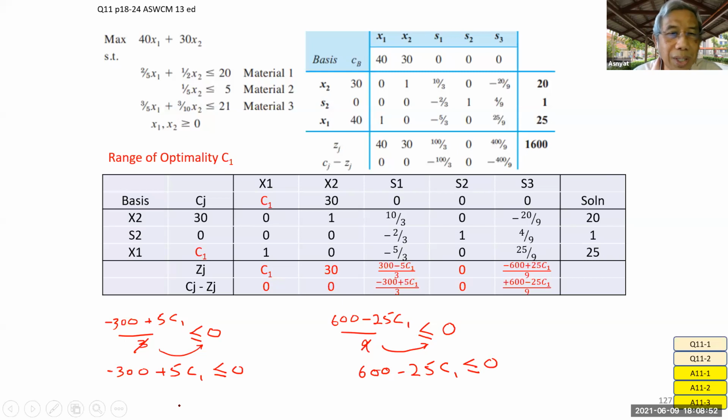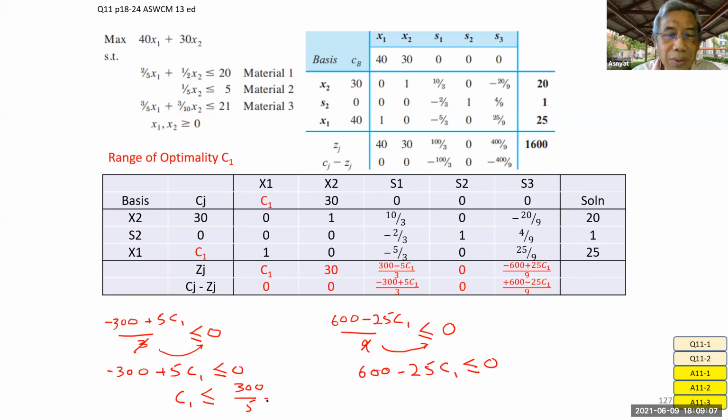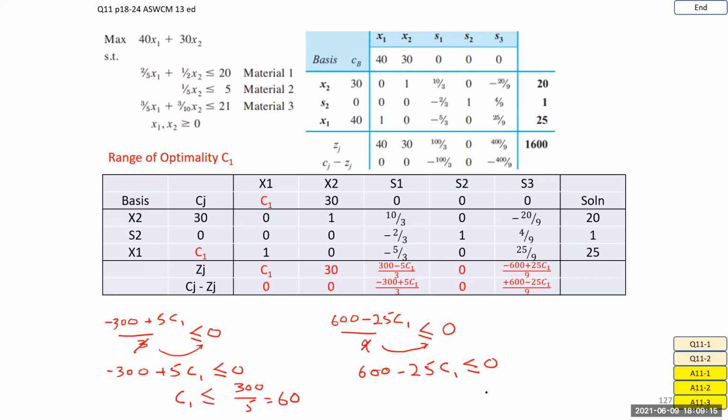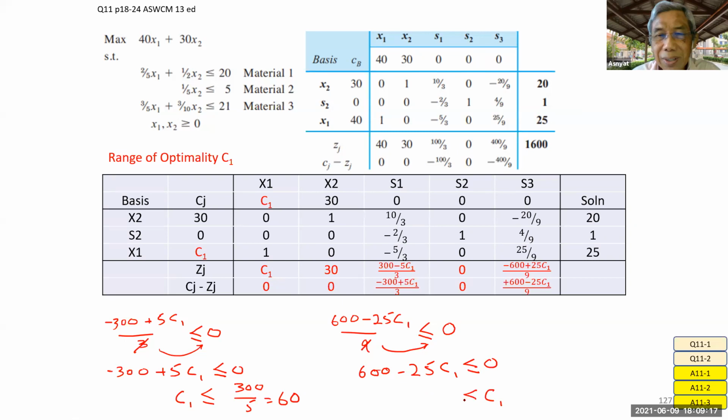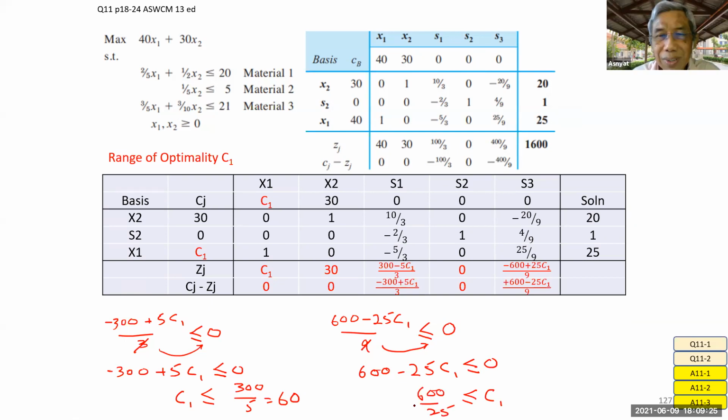Now can we isolate C1? C1 should be less than or equal to 300 over 5, which equals 60. For the other, C1 should be greater than or equal to 600 over 25, which equals 24.